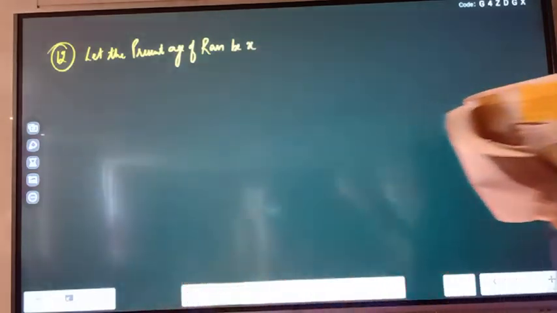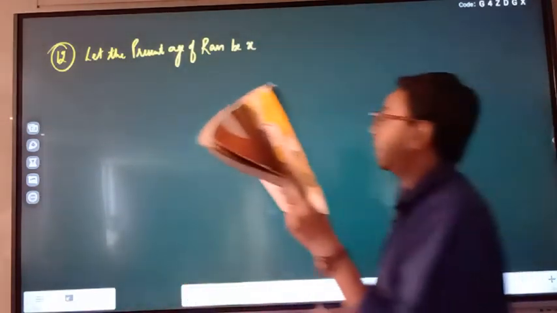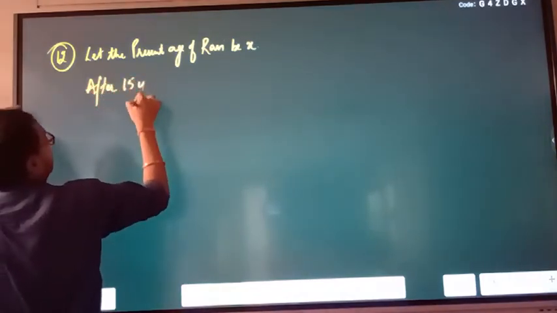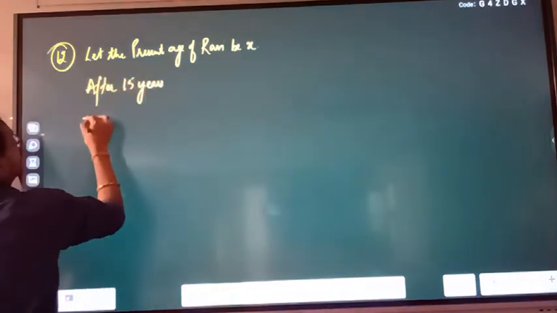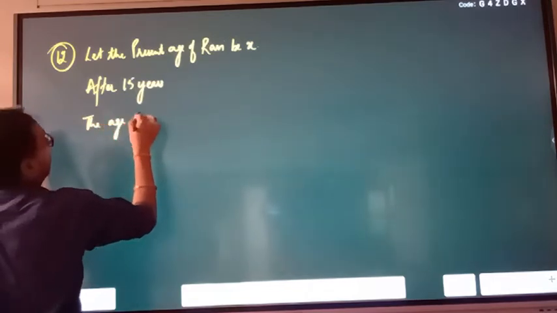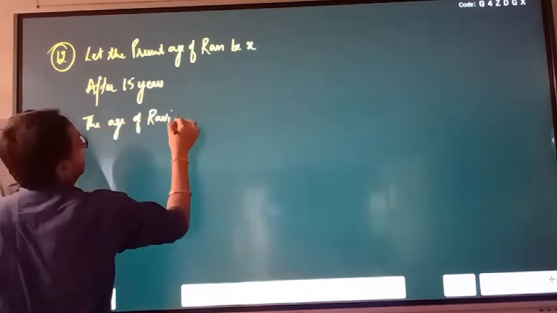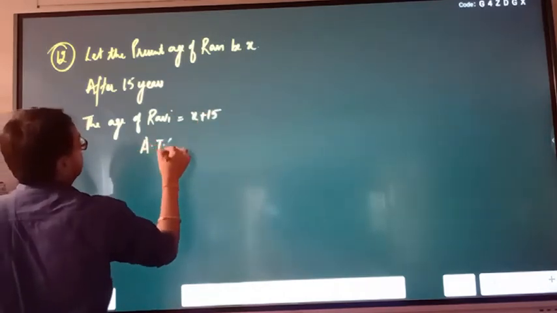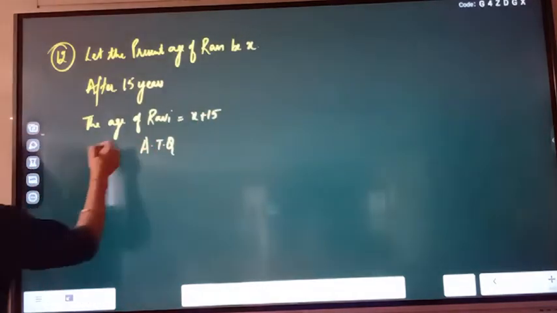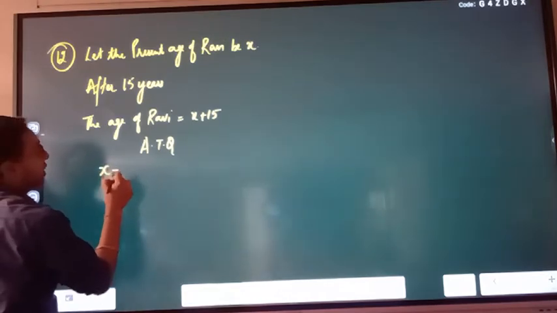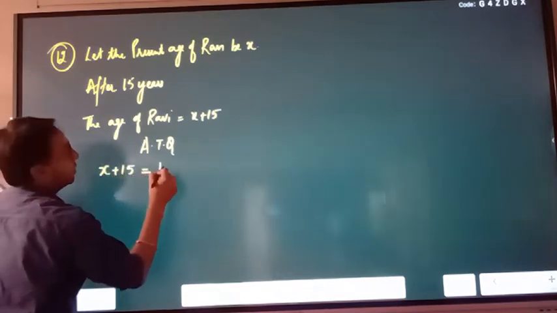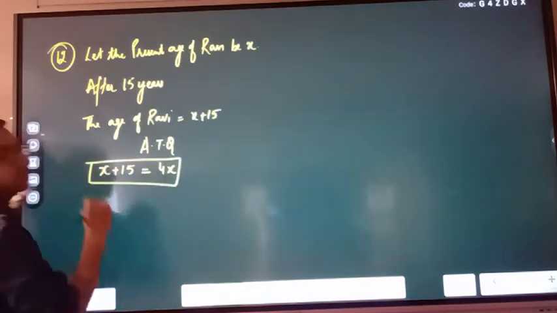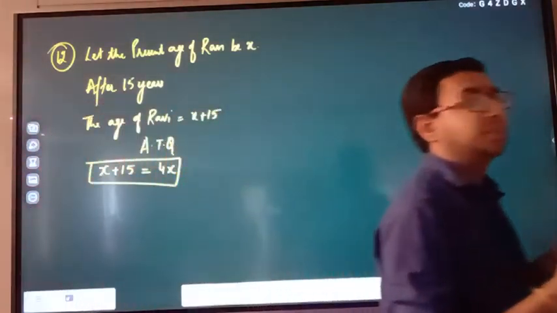After 15 years, the age of Ravi is X plus 15. Now, according to the question, after 15 years, the age of Ravi will be 4 times his present age. This is what is given. Solve and get the answer.